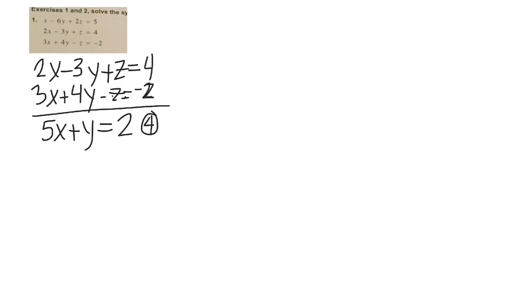Now I have to use equation 1 because I haven't used it yet. x minus 6y plus 2z equals 5. And then I need to multiply equation 3 by 2. Now I can use equation 2 and I'd have to multiply by a negative 2 because remember, I need to eliminate z.